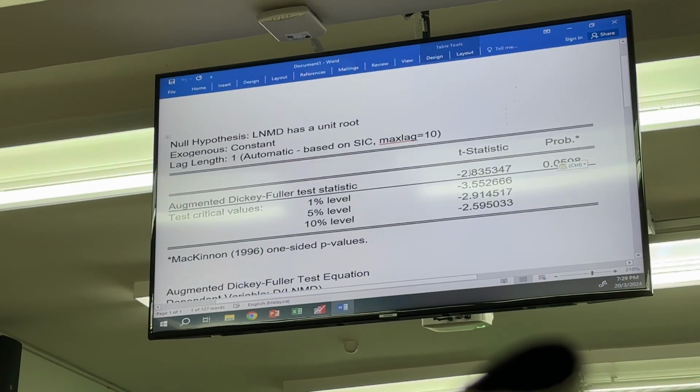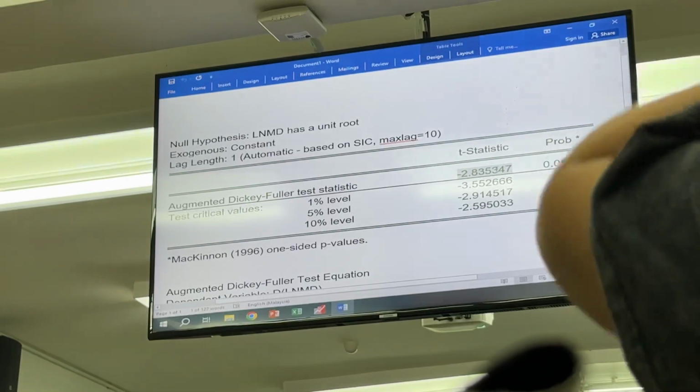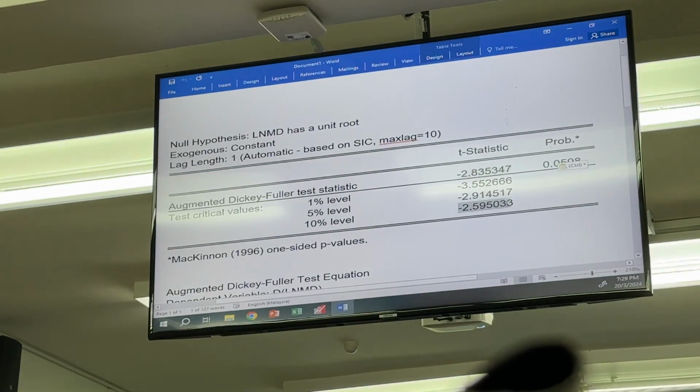But this one is compared with the critical value, so it has a different set of p-values. So negative 2.835 is significant at 10%.